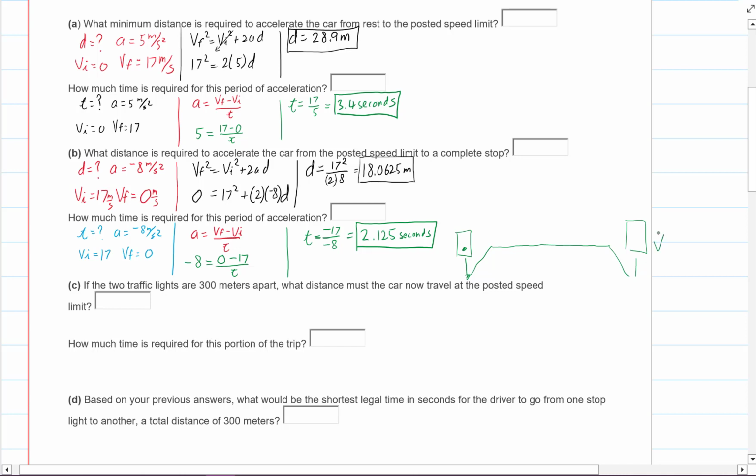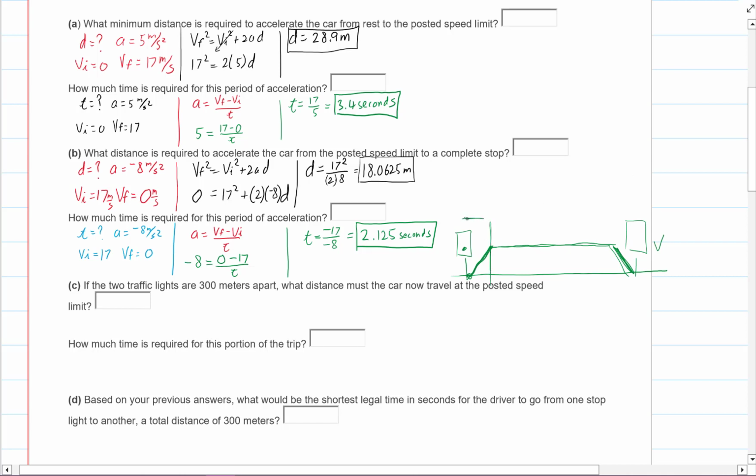This is very close to a velocity time graph. He starts at 0, races up to the speed at a constant acceleration, that's why it's a straight line there, and then stays at a constant speed and then constant deceleration, and this one will be a little bit steeper because that's -8 and that's +5.